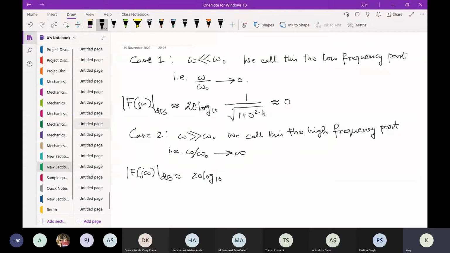One is we can get rid of this under root, and two, also get the whole thing on the top by expressing this as a power. It will be 1 plus something square to the power minus half.